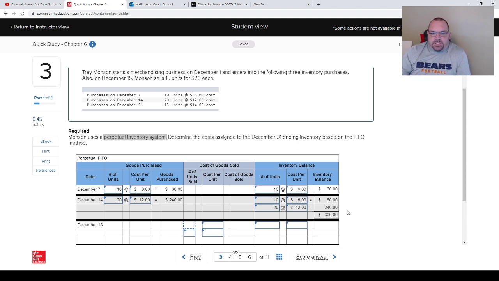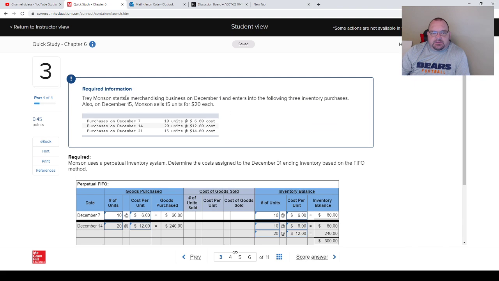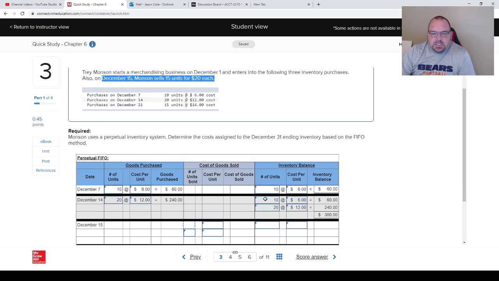And now we got to make our first sale. First in, first out. So we're going to sell, it says it right here. Where's it at? December 15th, we're going to sell 15 units. 15 units, all right? So, the way this is going to work, we're going to take first in, first out. So this first group, we're going to use that cost first.